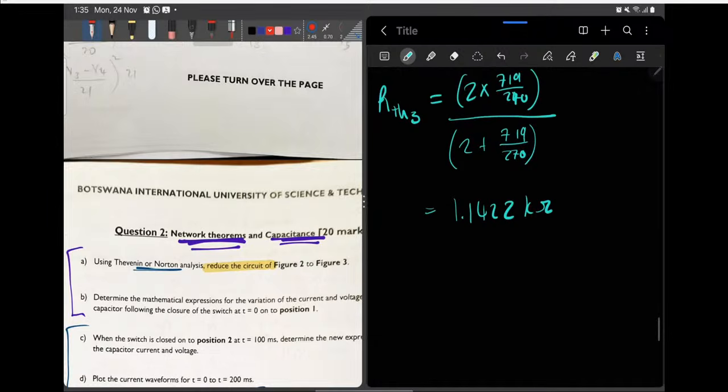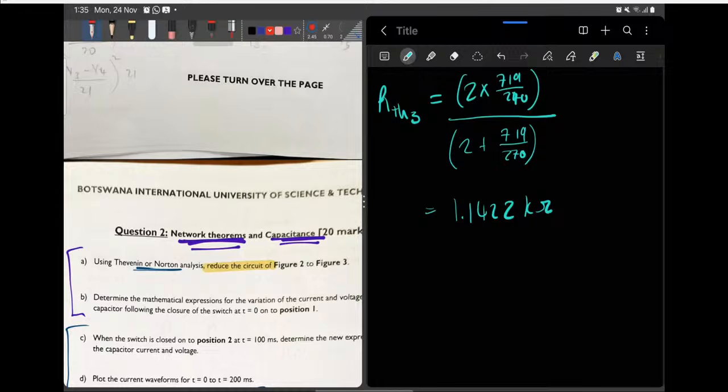All right. Look at this. How good is this? So now we have found the Thevenin again.